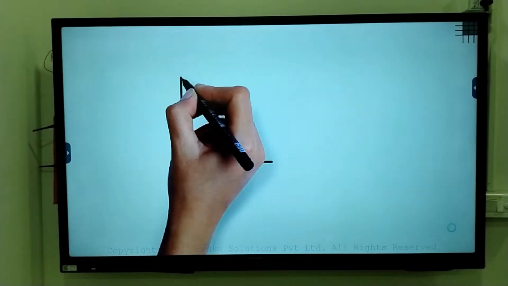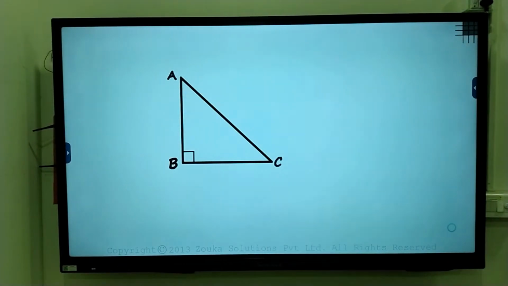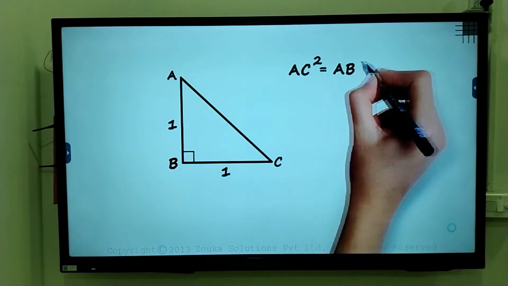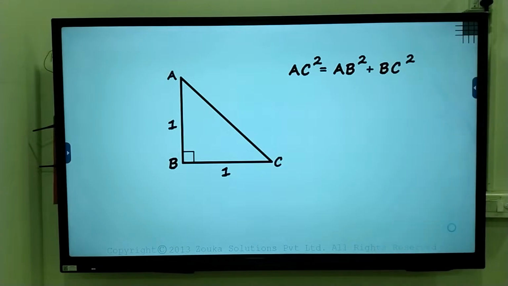To prove the existence of irrational numbers, a right angle triangle ABC was considered. The triangle was such that these two sides equal 1, and the length of the hypotenuse was supposed to be found out. The Pythagoras theorem was used to get AC squared equals AB squared plus BC squared.